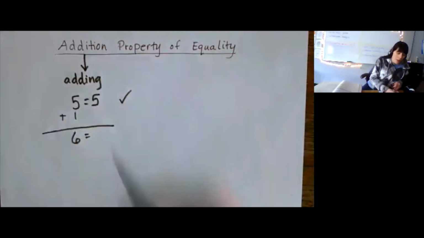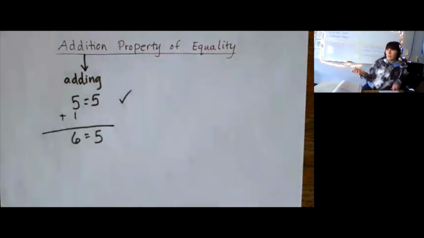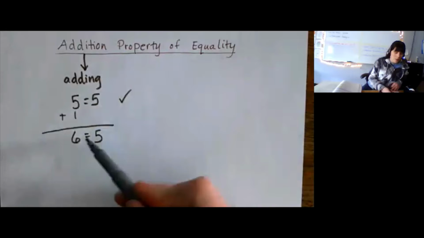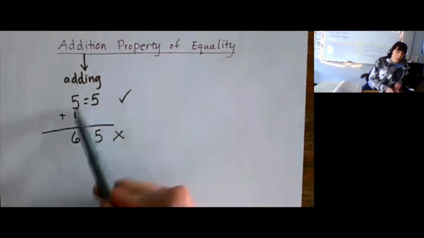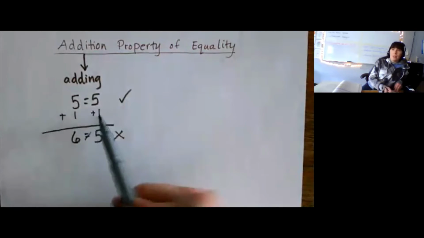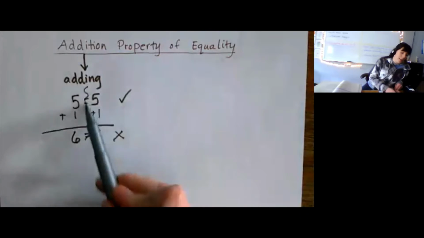Is 6 equal to 5? So we have to add the same number to both sides. So if we add 1 to one side, we have to do it on the other side of the equal sign.